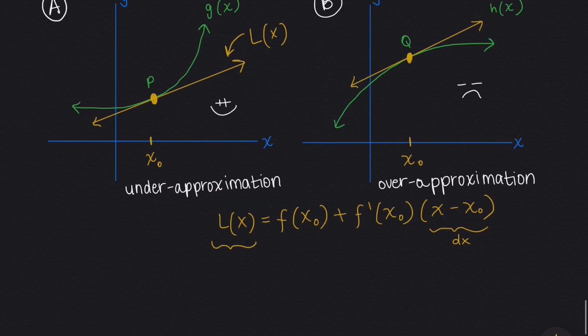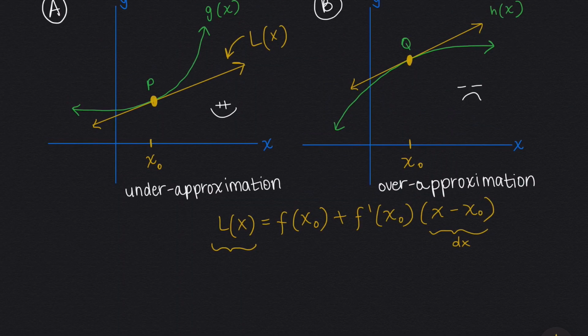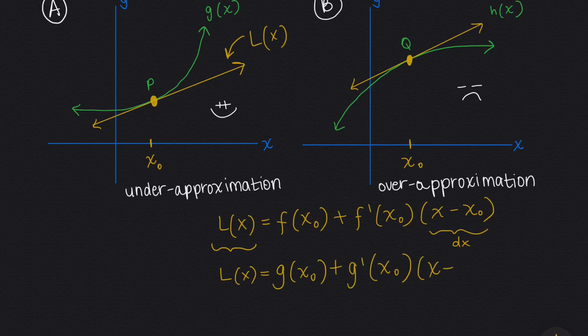And before I go further, let me actually just tie these letters to our graph all the way. We should actually have L of x is equal to g of x naught plus g prime of x naught times x minus x naught. So now our equation matches our picture entirely because our function in the picture is called g of x.